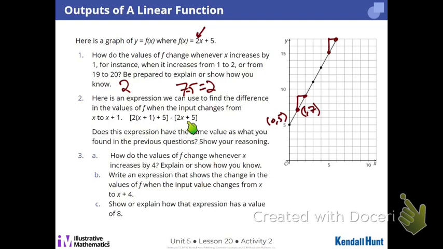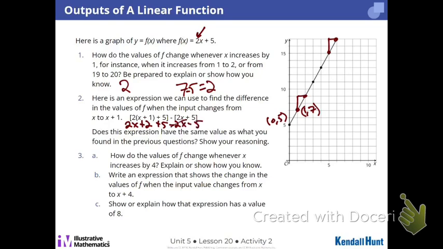So you can make sense of that. Let's say I'm referencing point 5. If I put 5 in here, that means I'm putting in 6. So do we make sense of this expression before we solve it? Everybody seeing that before we solve it? Because otherwise you just solve an expression. So if I distribute, I get 2x plus 2 plus 5 minus 2x minus 5.